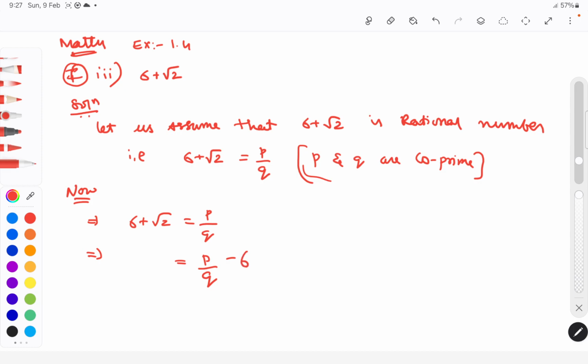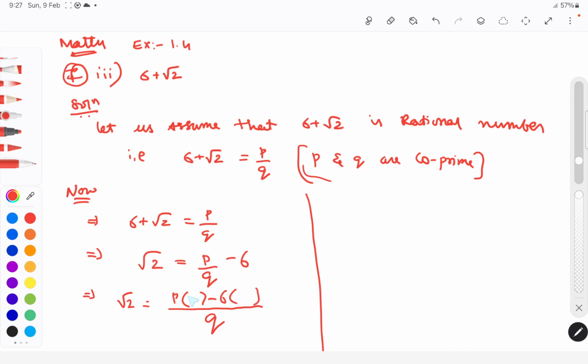So plus 6 will become minus 6, and on the left side root 2 should remain there itself. After this we should take the LCM on the right hand side.